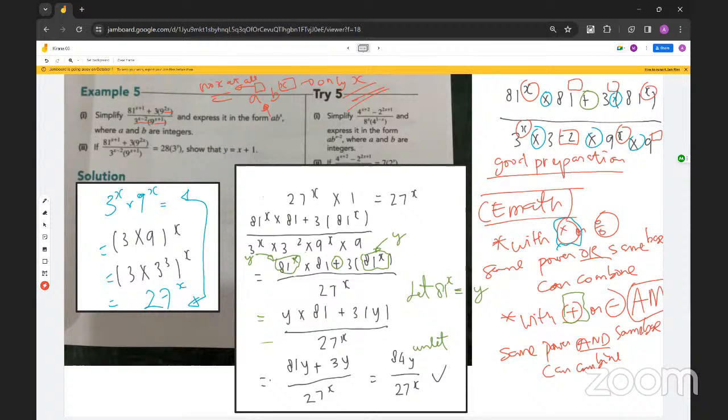Good. Now, I'm guessing that you like the result. 84y is definitely looking better than the original few lines on top. Correct? Congratulations. You're simplifying things further and further.